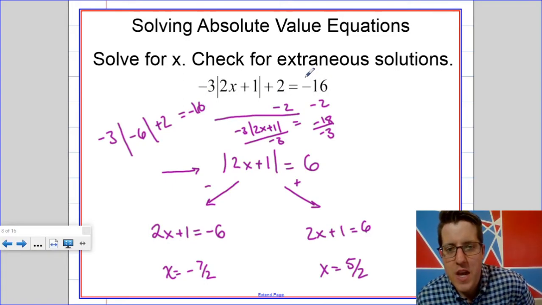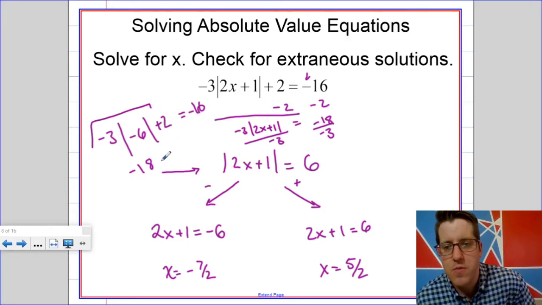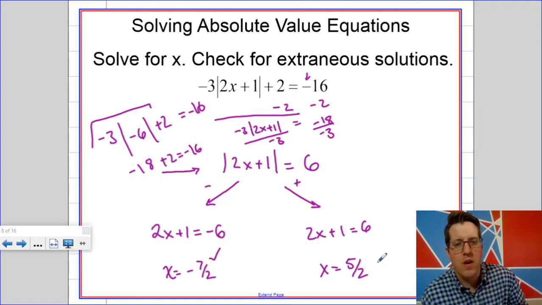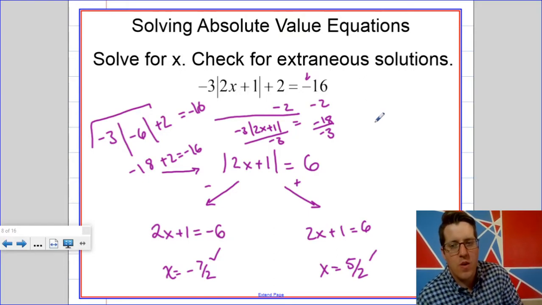Now the reason it's okay to have a negative 16 here is because this can still turn into a negative number. Does negative 18 plus 2 equal negative 16? Sure does. And it would work exactly the same way for 5 halves. We'd get the same sort of thing. The only difference here is that when we check, we would have a positive 6 inside the absolute value.